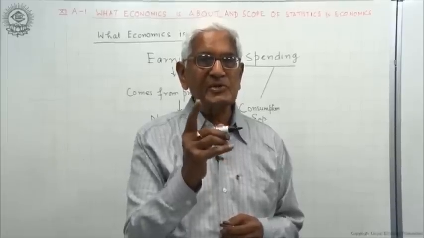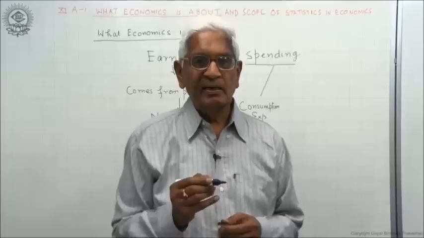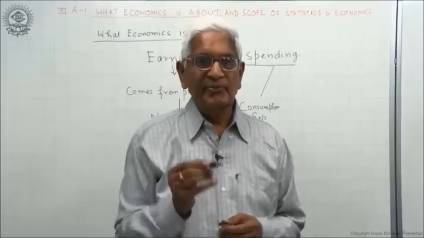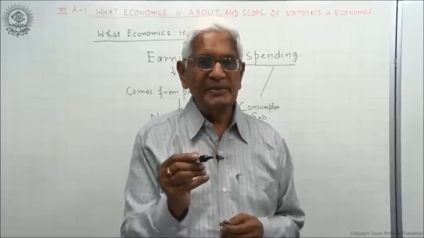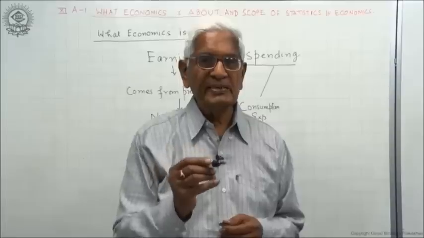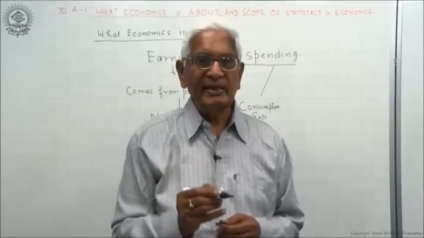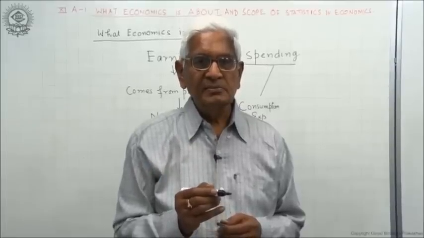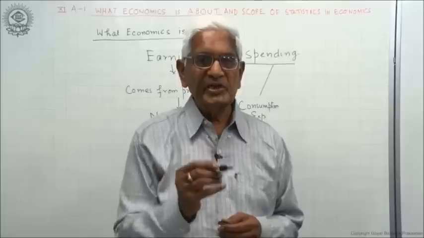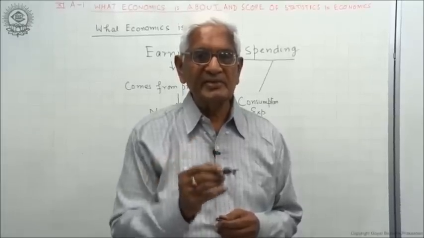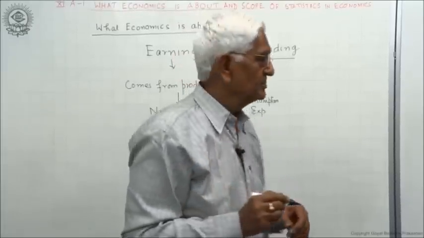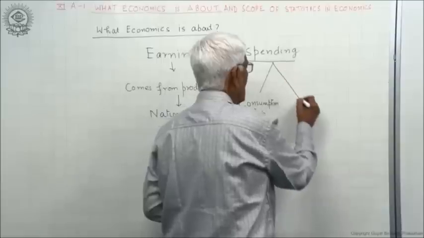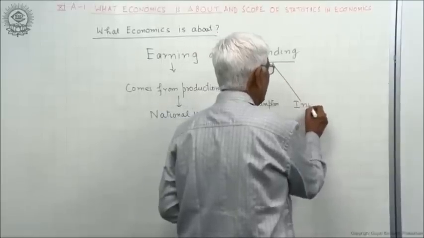The companies also spend. Where do they spend? On buying machines, on buying buildings, on buying raw material, on buying furniture, on buying trucks, on all these. उसको हम बोलते हैं investment expenditure.